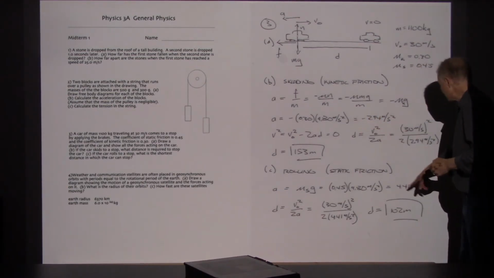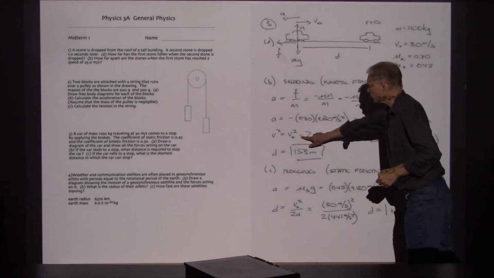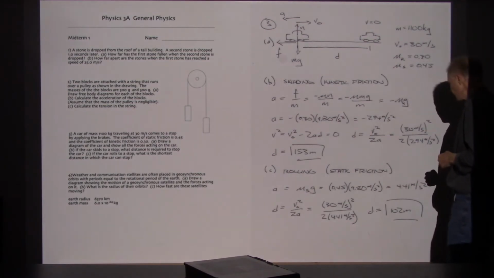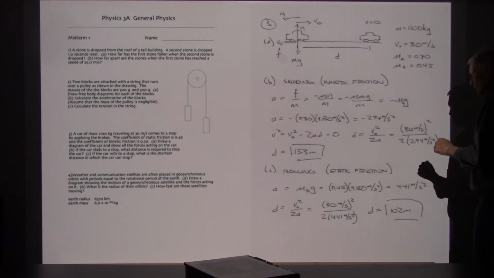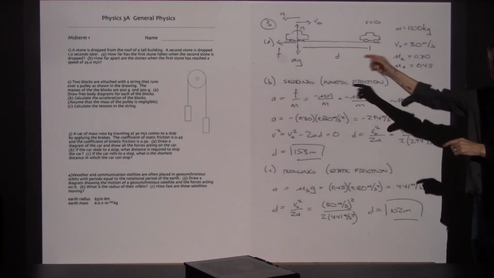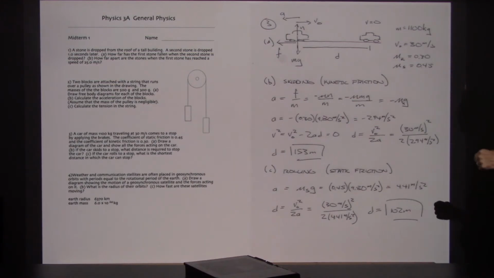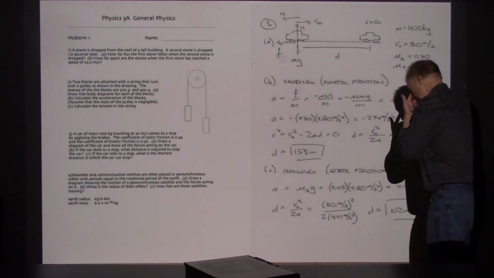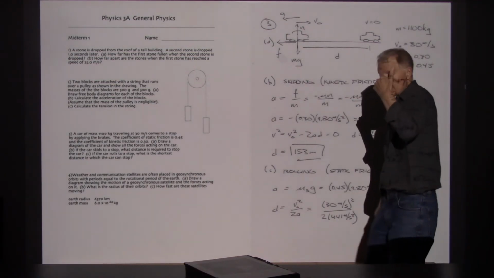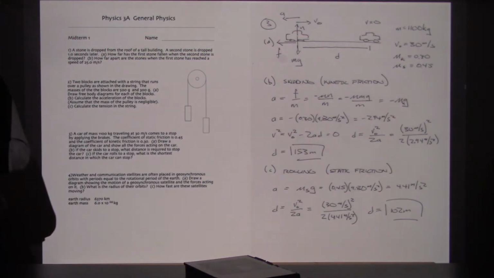This time I didn't bother with the minus sign here. I decided I preferred just using the minus sign from here. So the amount of acceleration, 4.41, and then from the diagram I can see it's in the negative direction relative to the velocity. And plugging those numbers in, I'm now stopping the car in 102 meters instead of 153.